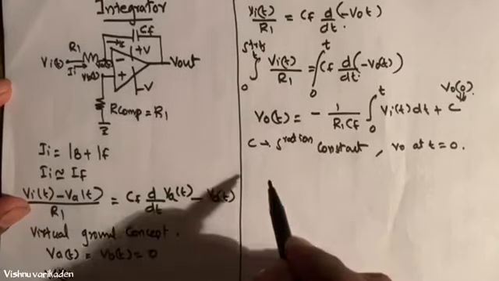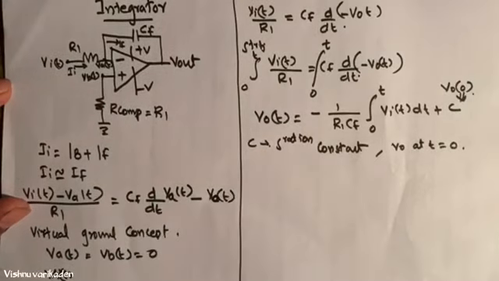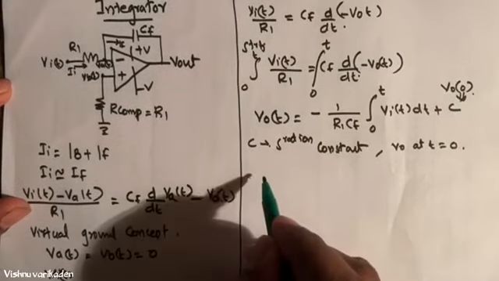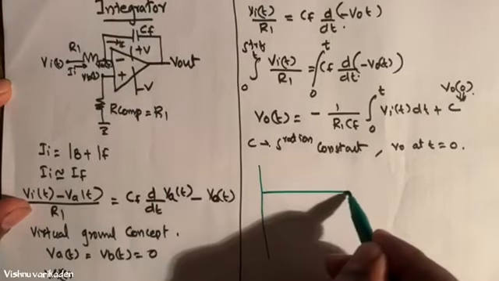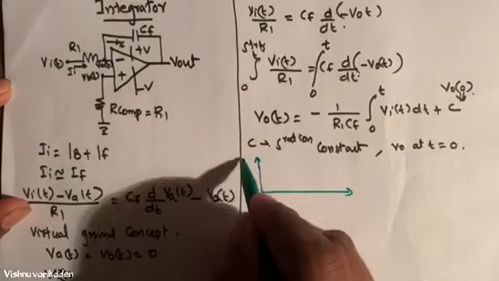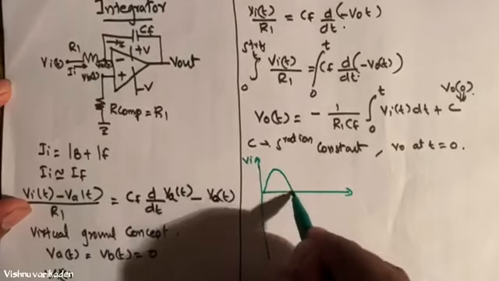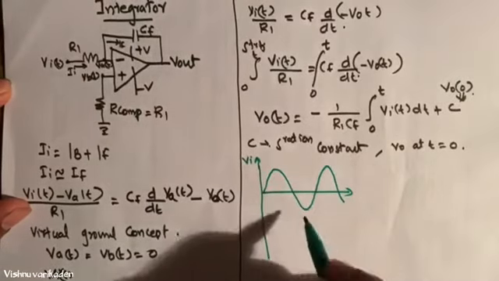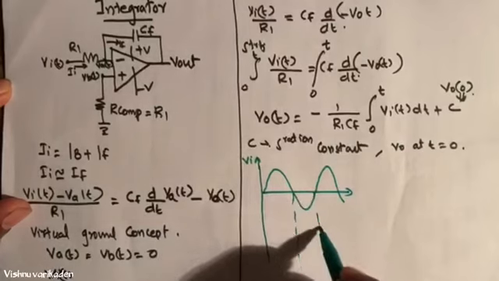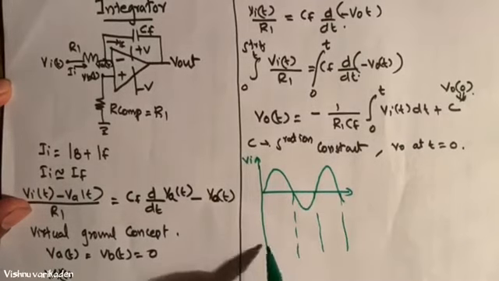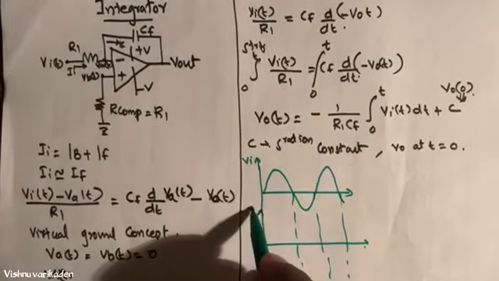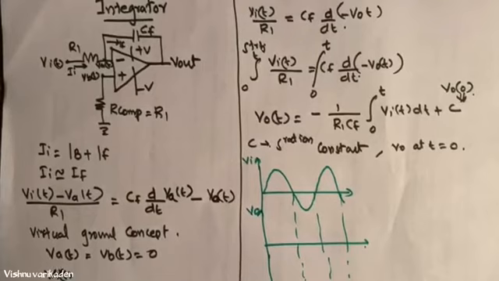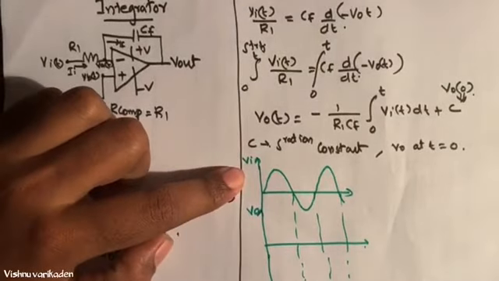So now we can draw the waveforms for different input signals. This is the input signal, a sine wave we are applying. So what about the output voltage whenever the input is a sine wave signal?